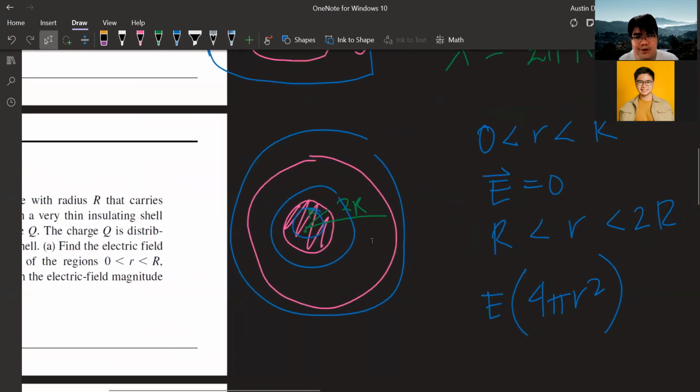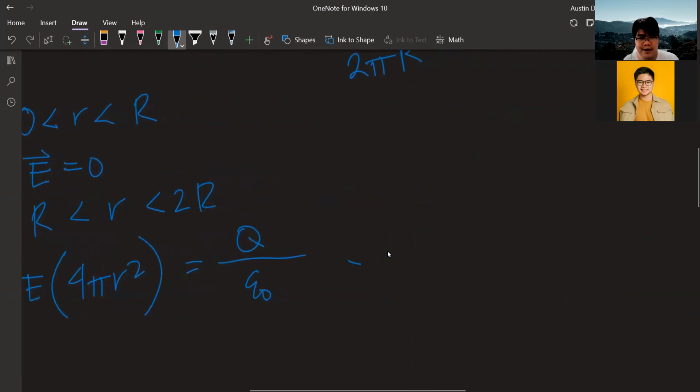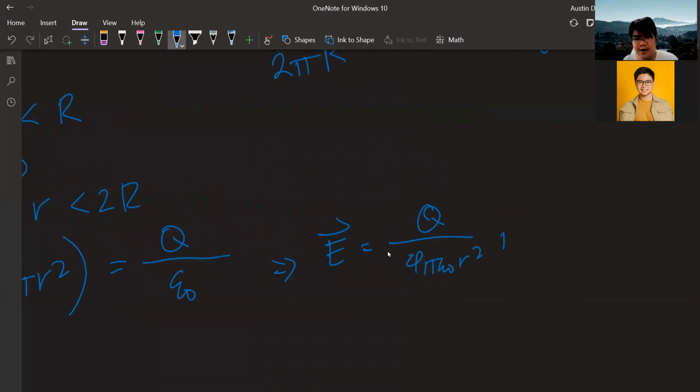Therefore, ayun yung may enclose mo. Okay? Epsilon naught. And this is very easy kasi magiging E vector na natin, Q over 4 pi epsilon naught R squared, then R hat.